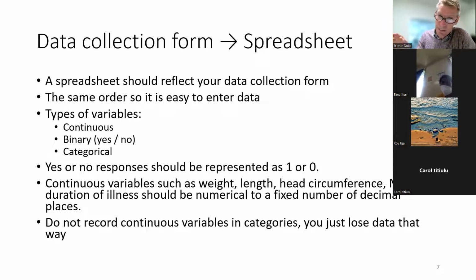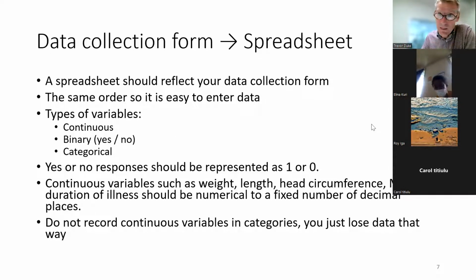And that's not a good idea, because you then lose data. You lose the ability to make more analysis of the data, to calculate means and medians. So don't change continuous variables into categorical variables until the very end. You might want to present it as categorical variables in the final result of your thesis, but don't do it at the start.